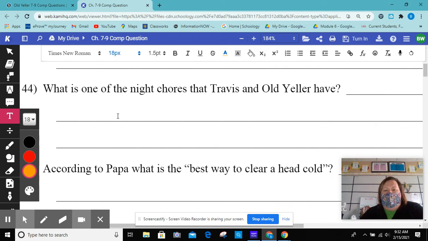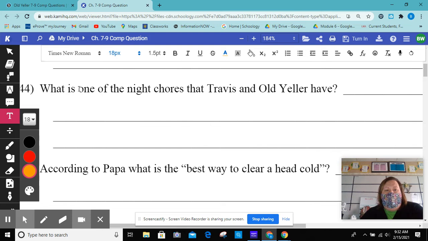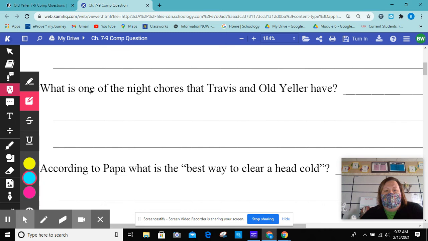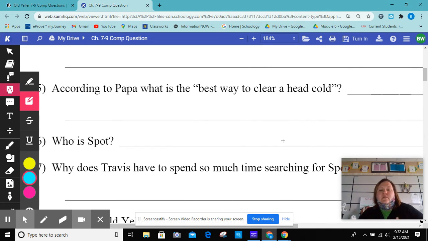What is one of the night chores that Travis and Old Yeller have? Okay, so I'm going to highlight one of the night chores that Travis and Old Yeller have is. That's what your answer should start with. Okay? What I'm going to do is I'm going to go through these and I'm going to help you figure out what you need to have in your answer when you go to answer it, and then I'm going to let you go through and actually answer the questions by yourself, okay?